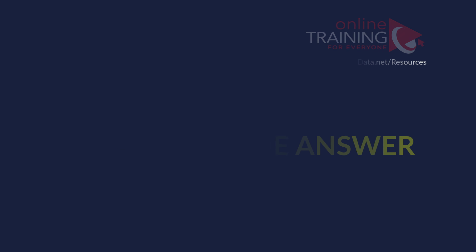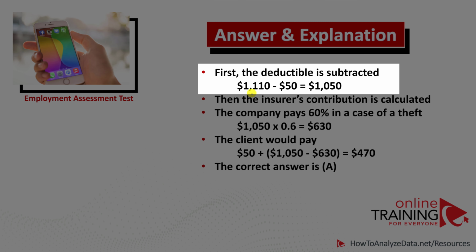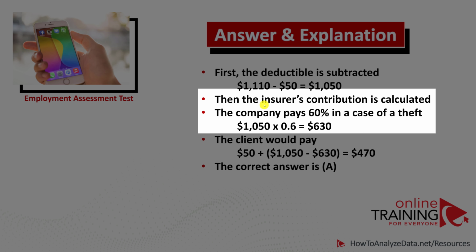To calculate the insurance payment, first we need to subtract the deductible, which is $50. After subtracting 50 from 1,100, we get the amount $1,050. The insurance company pays 60% of this amount, which is calculated by $1,050 multiplied by 0.6, and the amount the insurance company pays is $630.